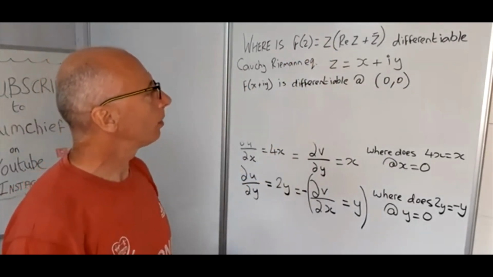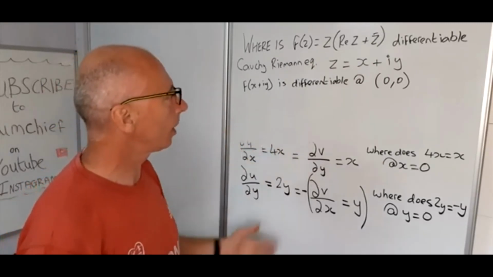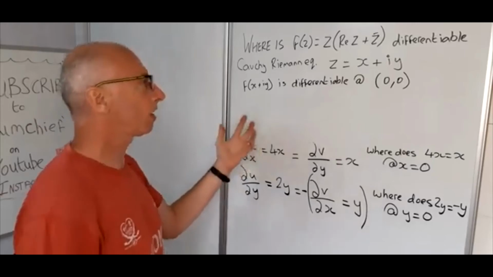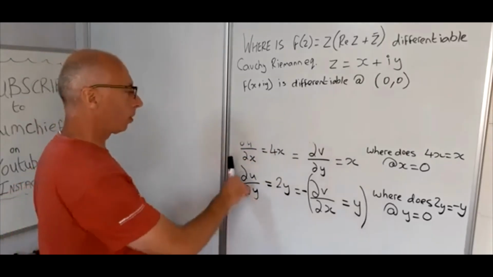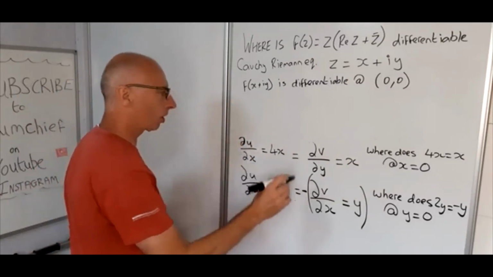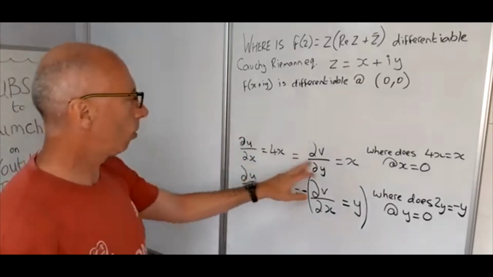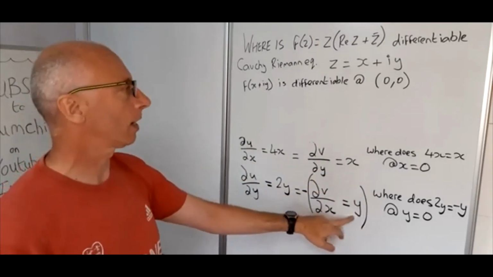Now, there's other things we need to check before we can actually go for that as our answer. First thing we need to work out is, do all these partial derivatives exist on the complex plane? Well, 4x, x, 2y, y, they all exist.